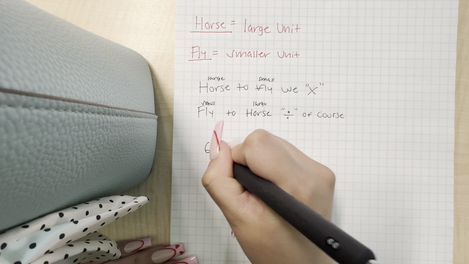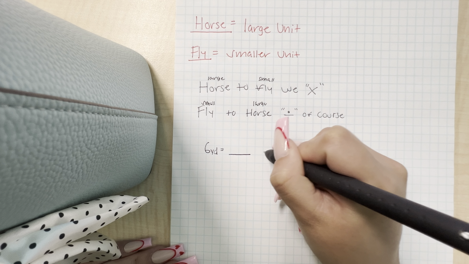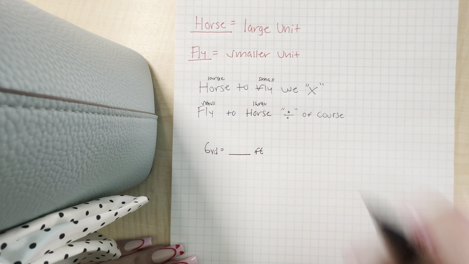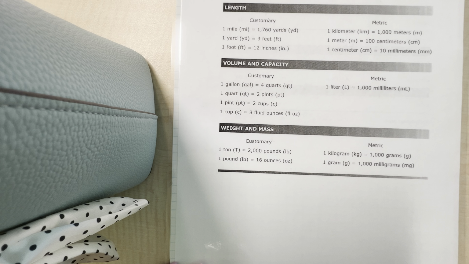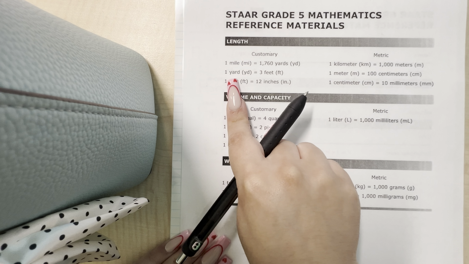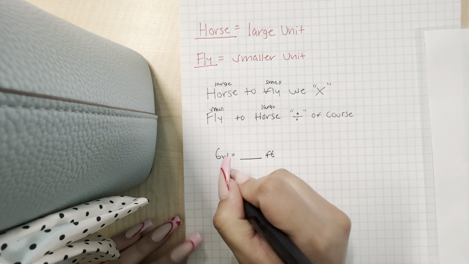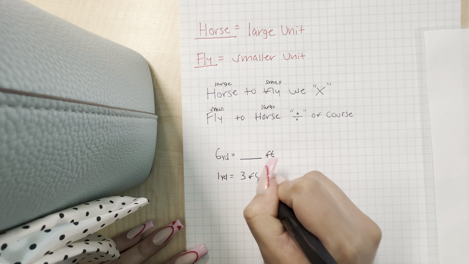I have 6 yards and I want to change it over to feet. So I'm going to look at my reference sheet and see what is the equivalent measure for yards and feet. Well, I know 1 yard equals 3 feet. So I'm going to write that right underneath. 1 yard equals 3 feet.